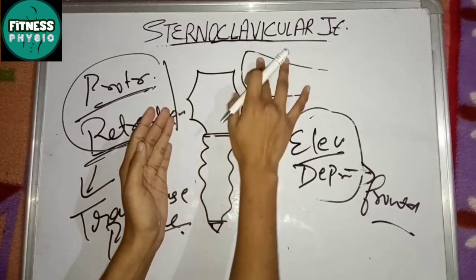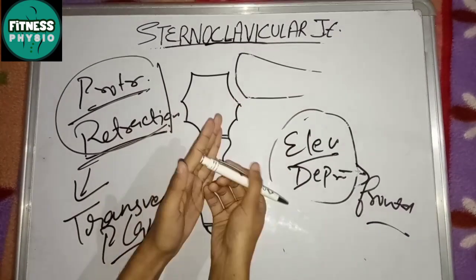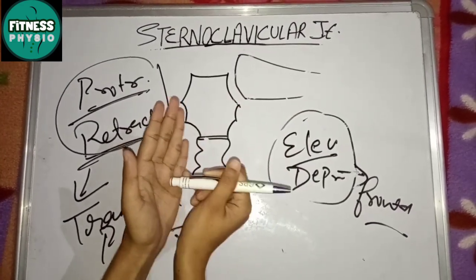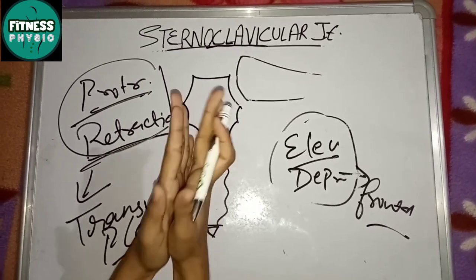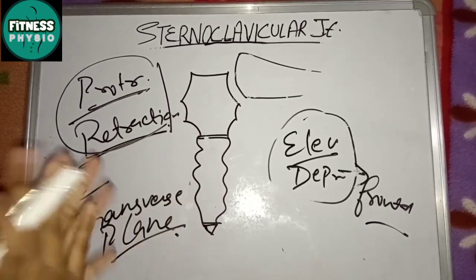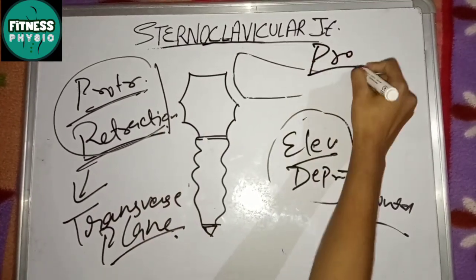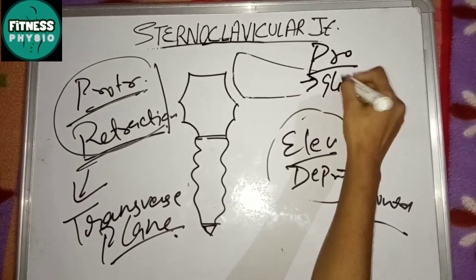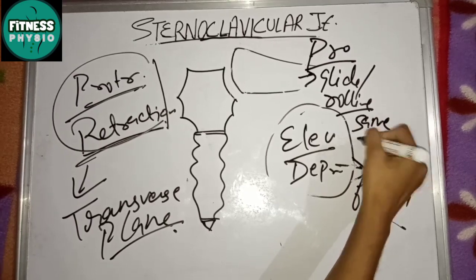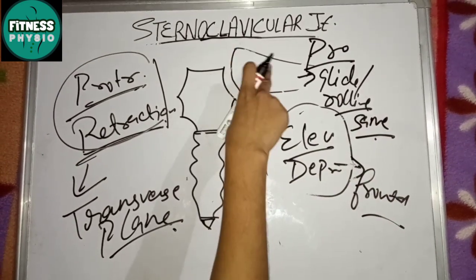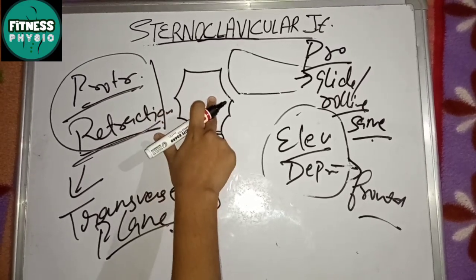So if your concave is moving on your convex, your gliding and your rolling will occur in the same direction. This is the arthrokinematics rule. So in protraction and retraction, gliding and rolling occur in the same direction. Why? Because the concave part of your clavicle is moving on the convex part of your manubrium sterni.